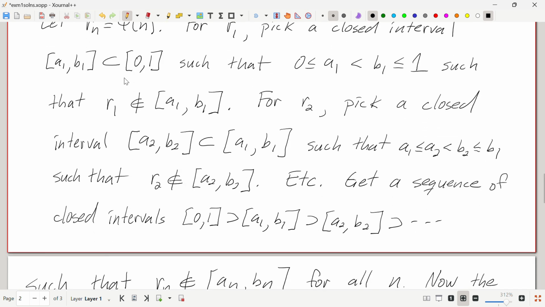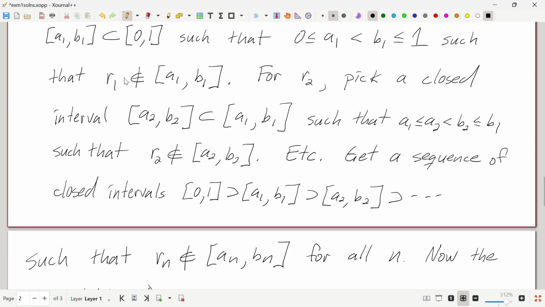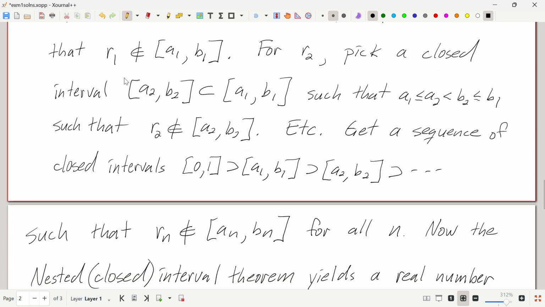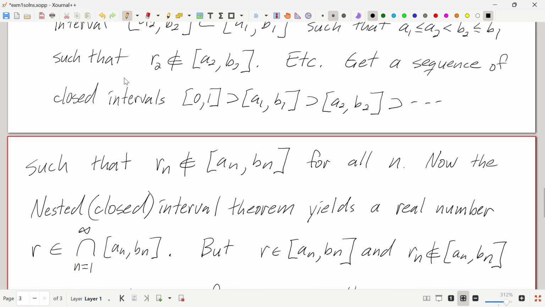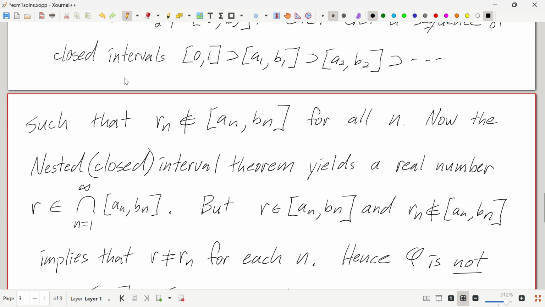And I can keep doing that. And then I get this nested sequence of closed intervals that are subsets of the 0, 1 closed interval. And the closed interval theorem says that the intersection of all those things contains something. So let's say r is in that thing.